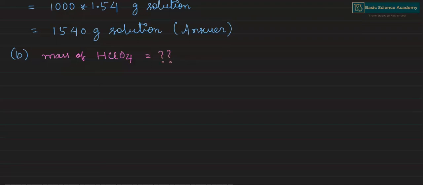So here HClO4 is the solute. So we have to find the mass of solute in 1 liter of the solution. In order to find the mass of solute, we will use the weight percent, because the weight percent relates the mass of solute and mass of solution.